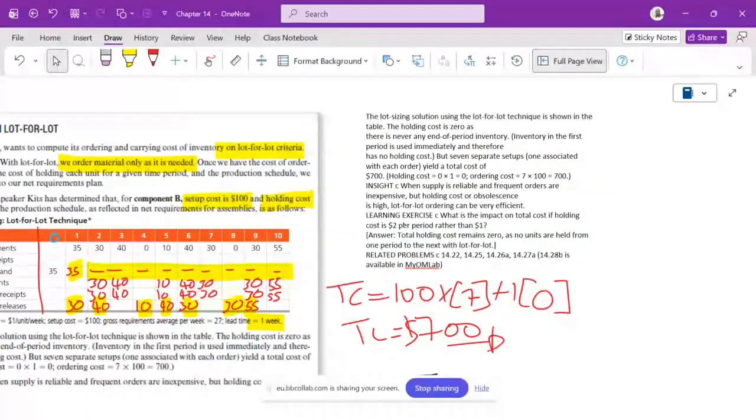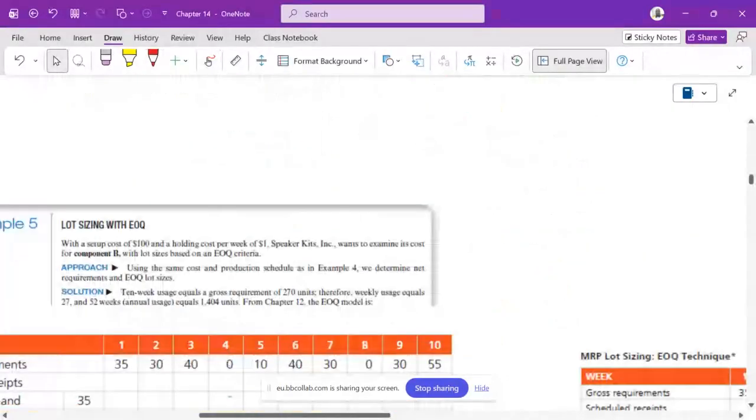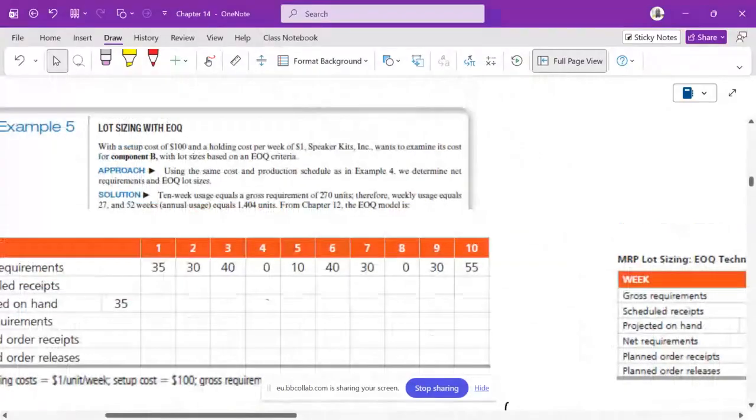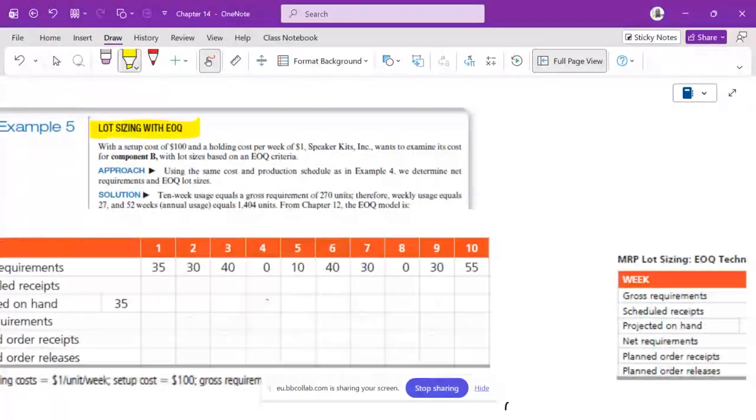We move to another methodology, which is the EOQ. Use an EOQ, determine the EOQ. Now you look for certain values that are critical. Number 1, remember the formula for EOQ goes in this way: 2DSH.